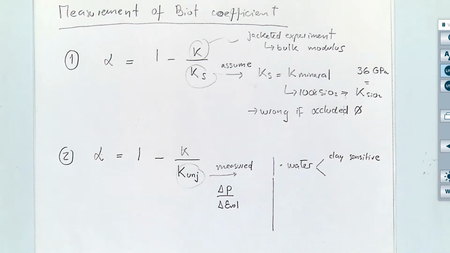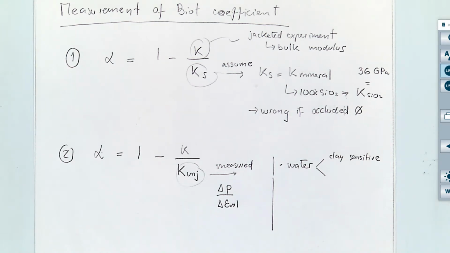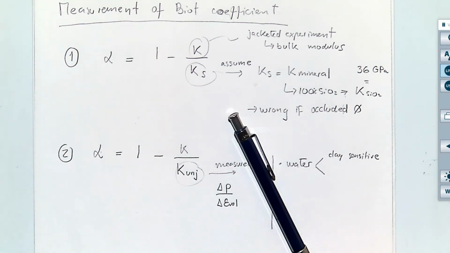What if we have problems with clay sensitivity, but then we use a very saline solution? Do you foresee any problem with that? Remember that to measure these strains, usually we use electrical devices, strain gauges, displacement transducers, and cables inside.